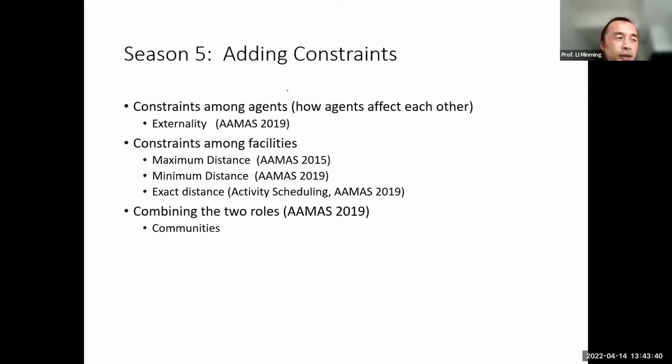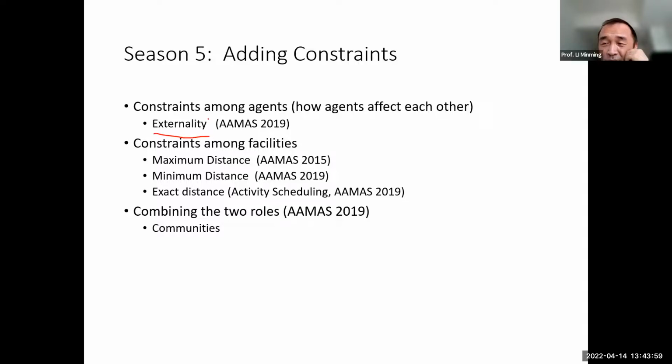Okay, now next one. Actually, we can do a lot more things. For example, we can add in constraints. This next season, season 5. What kind of constraints? For example, externality, okay? So externality, what does it mean?